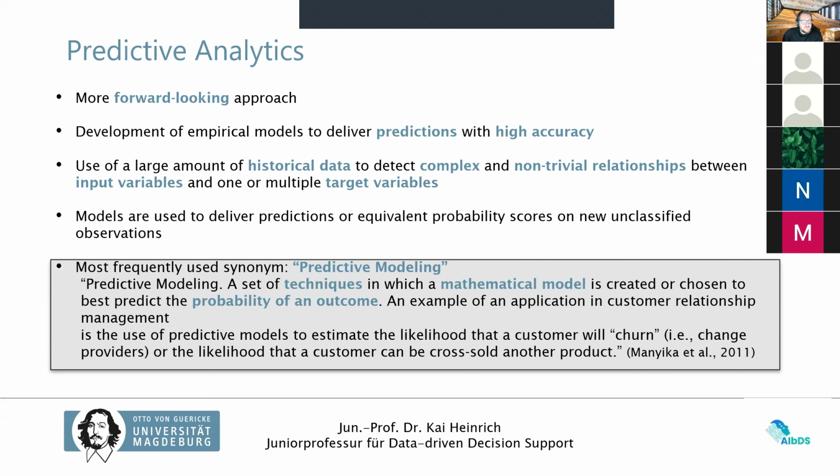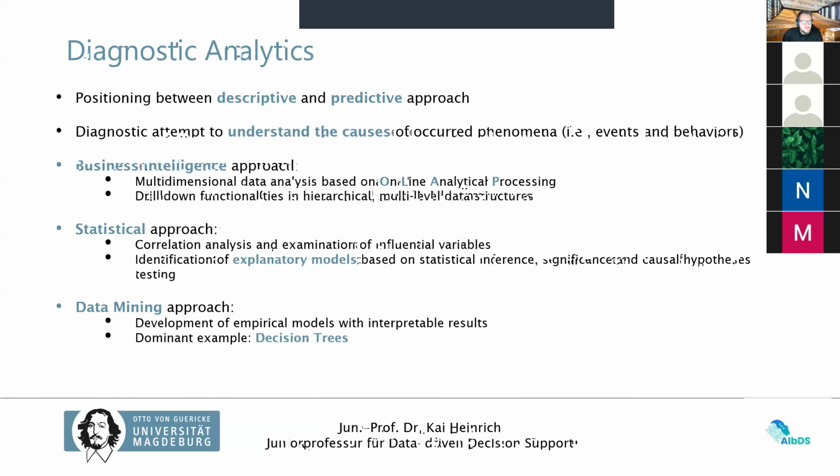Now, predictive analytics. The goal here: we always have a model. We model, for example, whether we give credit or not, as a function of a lot of variables. Let's say we have 3 variables here.